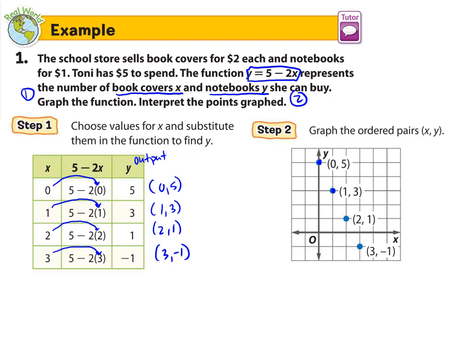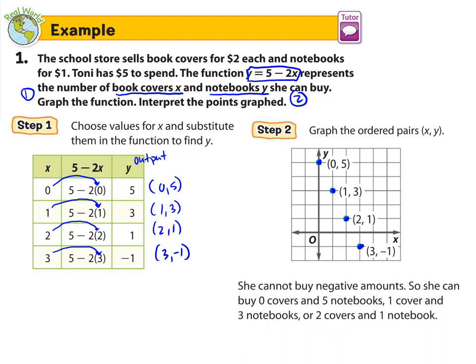Then we go (1, 3), (2, 1), and then (3, -1). Now, obviously, like I mentioned, she cannot buy negative amounts, so she can buy 0 covers and 5 notebooks. That's this one here. Or she can buy 1 cover and 3 notebooks, or 2 covers and 1 notebook. So there's 3 possibilities. Again, the (3, -1) would not work out.